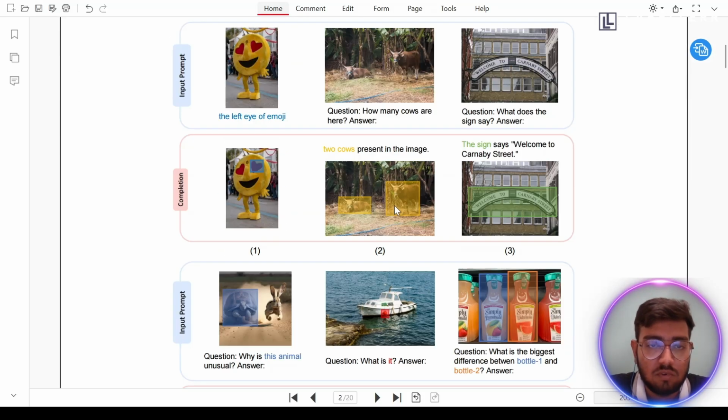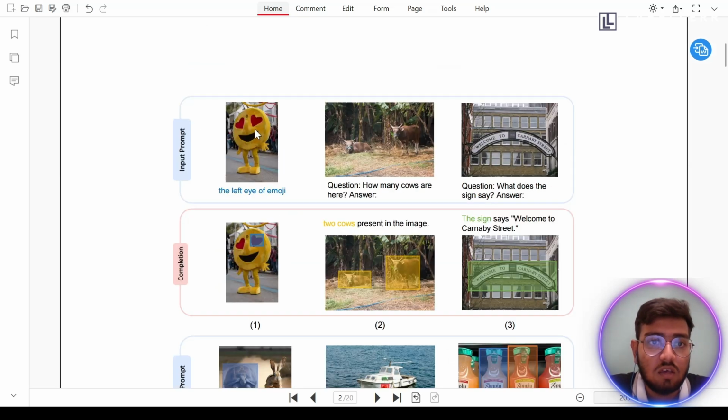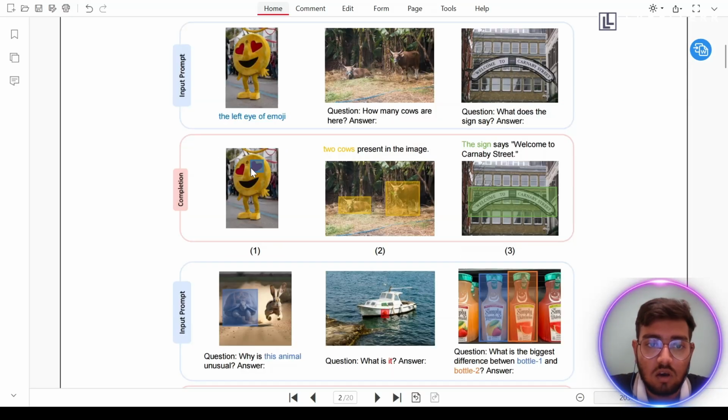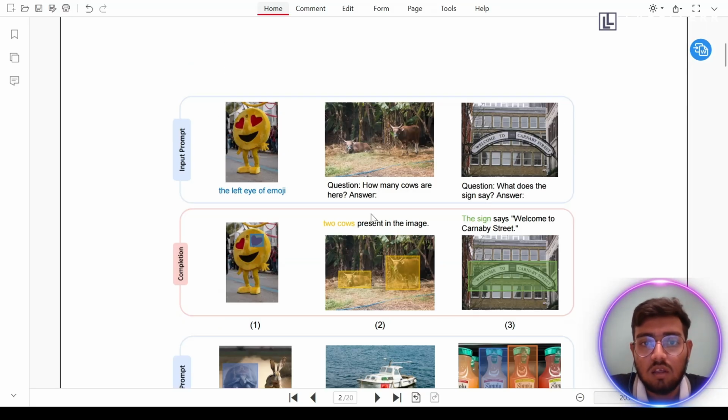Let's see some examples. If I give it the input prompt of the left eye of the emoji, the completion will be the bounding box covering the left side of the emoji, which is a heart. Similarly, if I input a question, how many cows are here, it answers two cows are present in the image, and bounding boxes have been made around the cows.